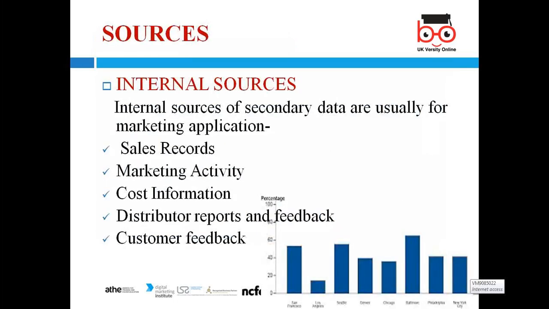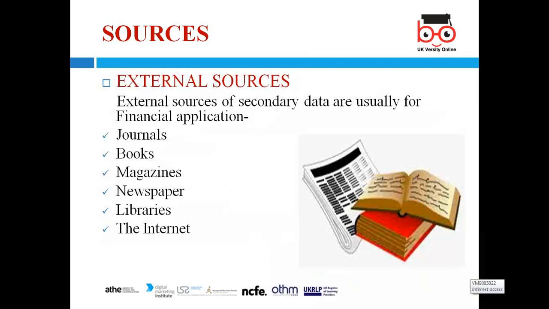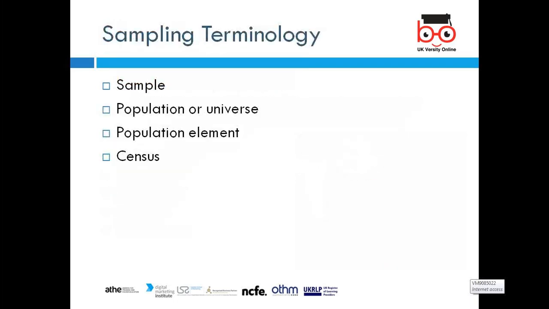No, sir. Okay. Sources of data could be internal sources within an organization, and external sources of data, where we can look at secondary journal articles, books, magazines, newspapers, libraries, internet. We can do research and we can find a lot of data.